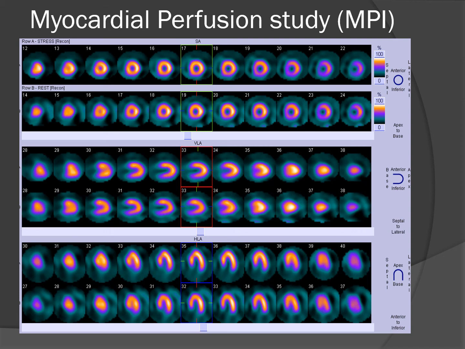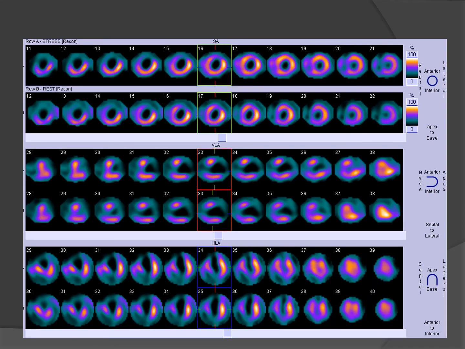I think it's quite difficult for you to understand, but the main thing is that when we inject this radiopharmaceutical, it will go to the active myocardial tissue. So this is normal. If there is any defect or reduced tissue uptake, it means that either it is infarct or ischemia.